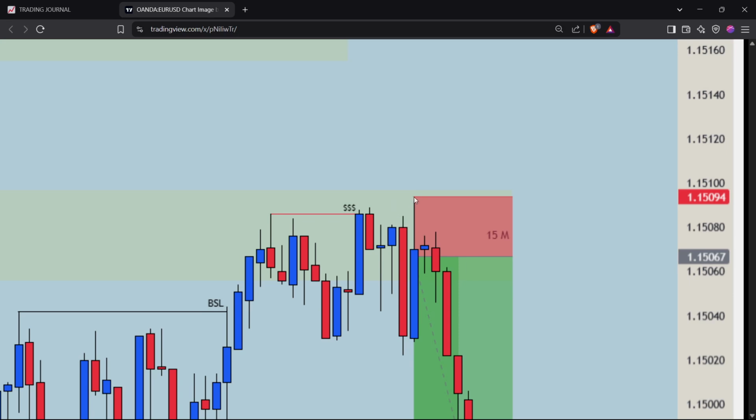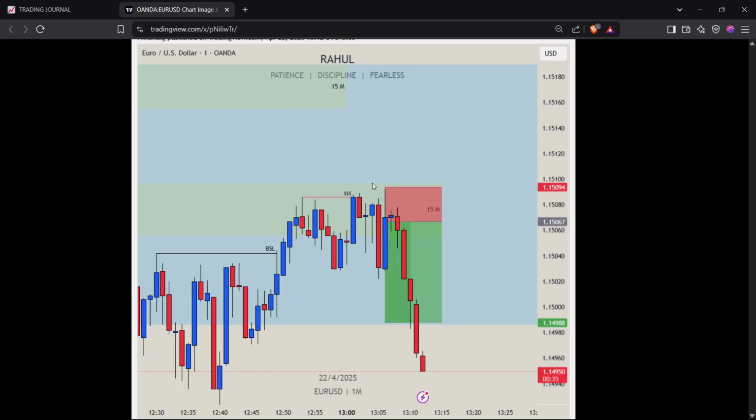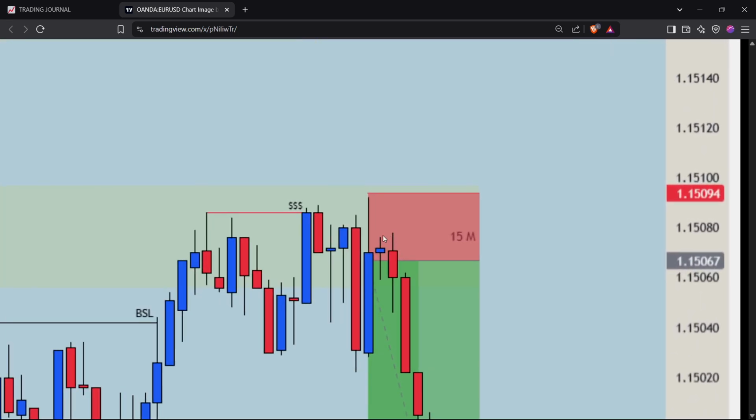If the candle started closing above this fair value gap, if the market ran through the 15-minute fair value gap in the 1-minute time frame, I would close my stop loss there and take the loss. But what happened was, as the market came here, it rejected.